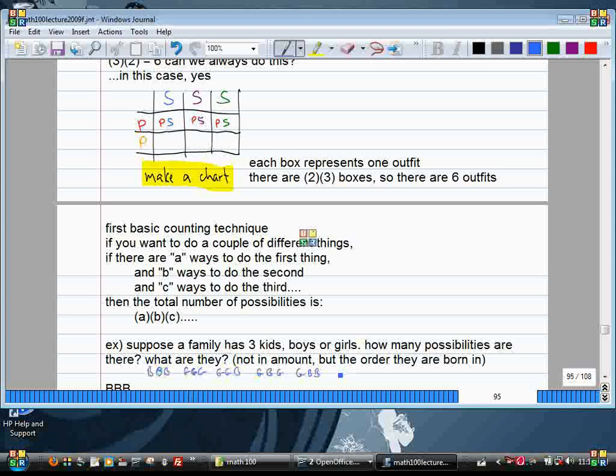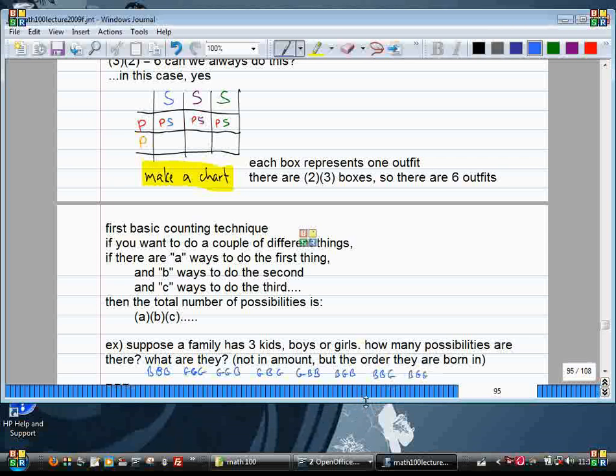Oh, we can start with boys now. Boy, girl, boy, boy, boy, girl, boy, girl, boy. No, we already have that. Oh, boy, girl, girl. What about boy, boy, boy? Because it's already there in the first one. Oh, really? Someone said it. Okay. So, are there any other possibilities?